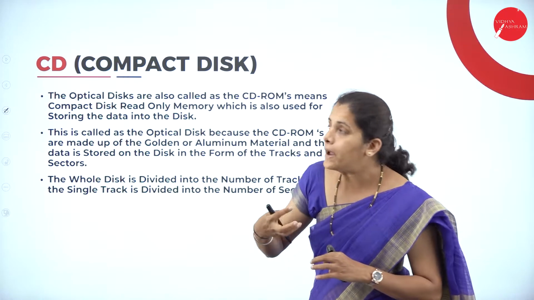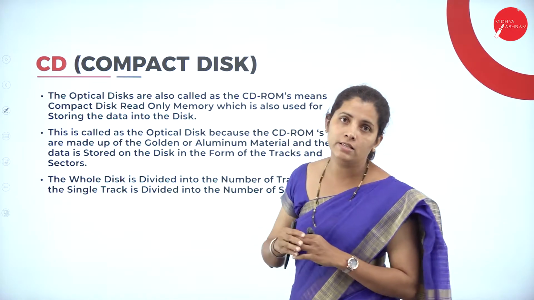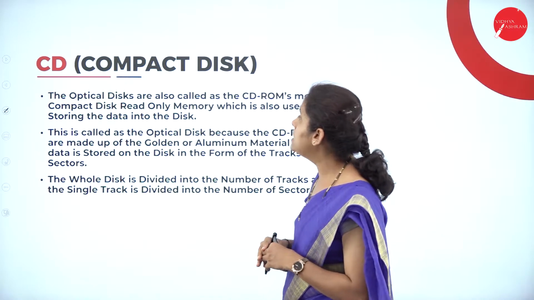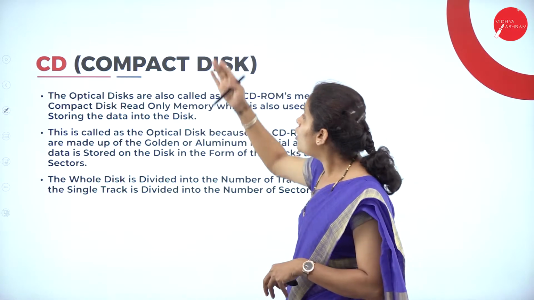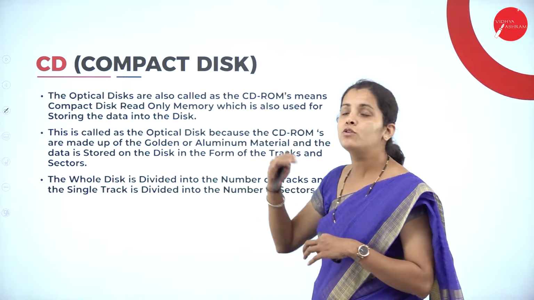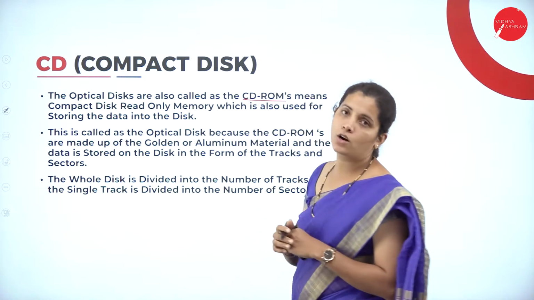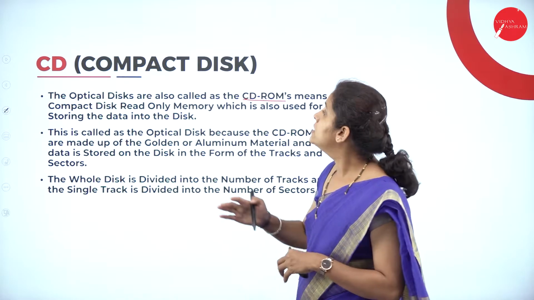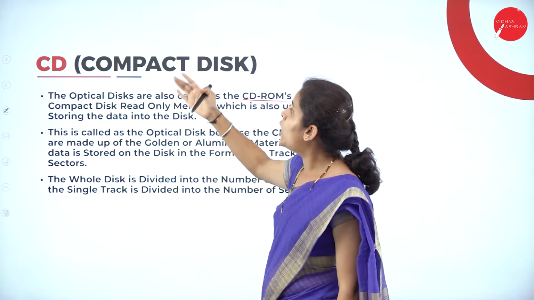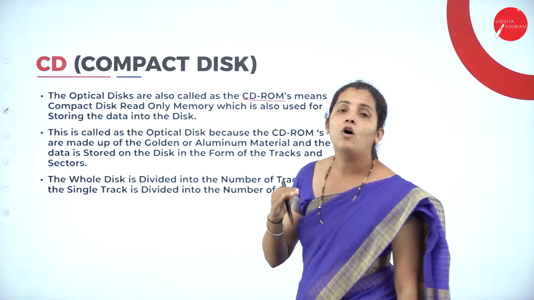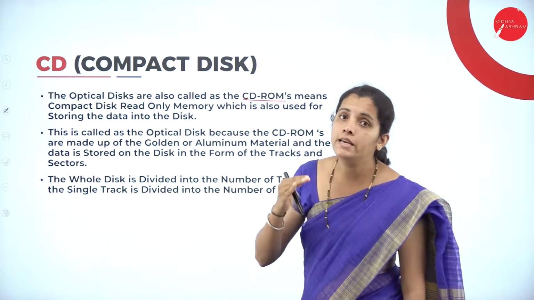Compact disk is one of the examples of optical disk. This optical disk or CD is also called CD-ROM.